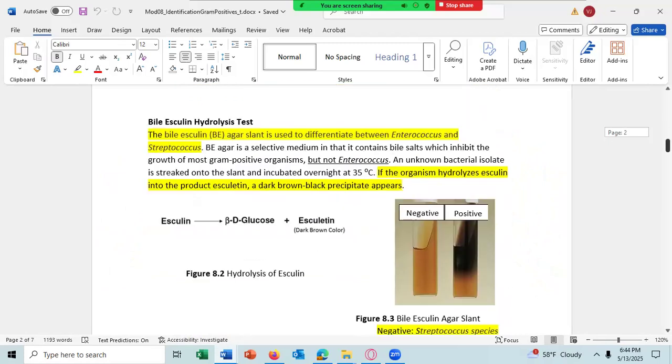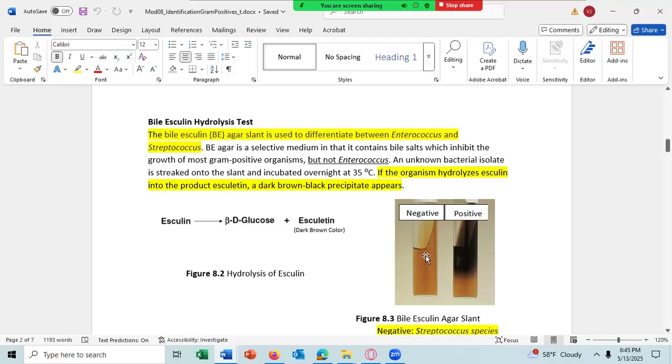All right. The bile esculin hydrolysis test is used to differentiate Enterococcus from Streptococcus, those two different families. If an organism hydrolyzes esculin in the esculin agar, it will make beta-D-glucose and esculetin. Esculetin has a dark brown color, and if 50% or more of the tube is dark brown, it's positive in the esculin hydrolysis test.